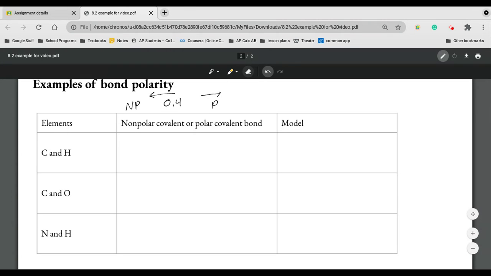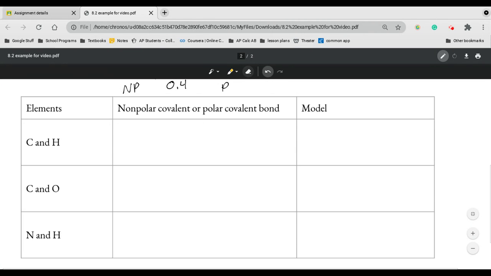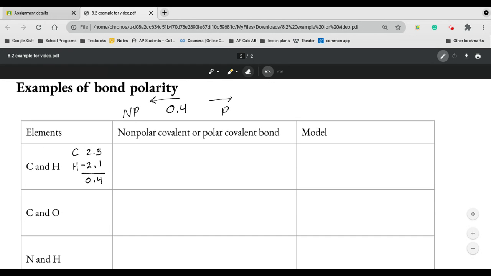So between carbon and hydrogen, carbon has an electronegativity of 2.5 and hydrogen has an electronegativity of 2.1. The difference between these, you just subtract them, is 0.4, which is included in nonpolar covalent bonds, which means this will be nonpolar covalent.